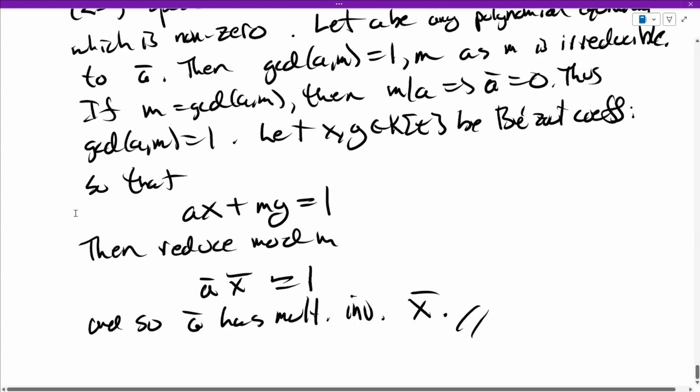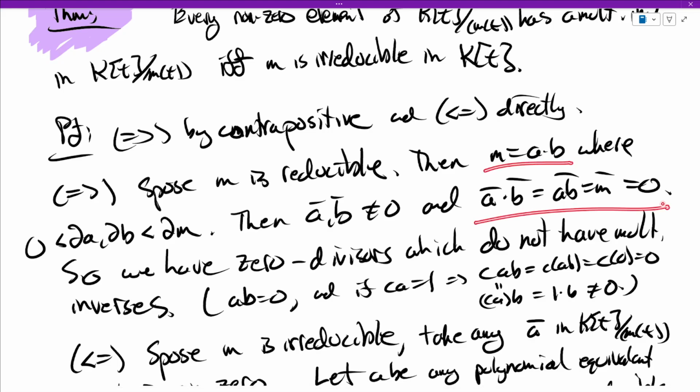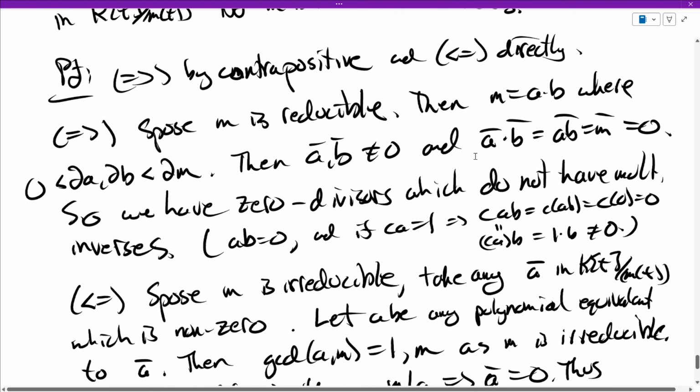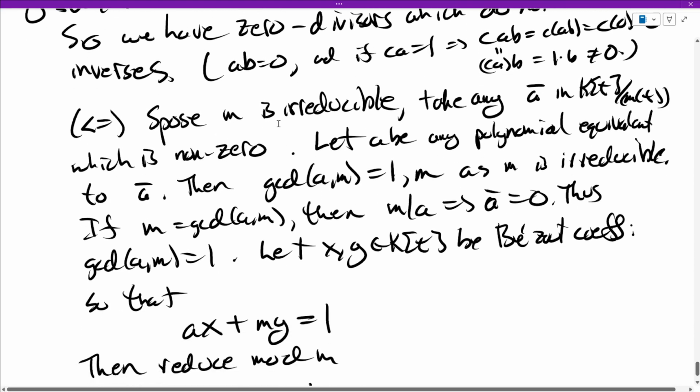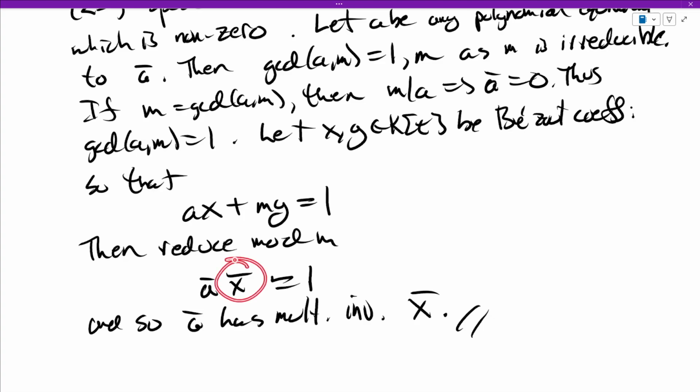So what did we prove? Well, we saw that if you're reducible, you get zero divisors by your factorization. So your factorization gives you the zero divisors in the quotient. If you're irreducible, you can find Bezout coefficients for non-zero elements, and the Bezout coefficients tell you what the multiplicative inverse is going to be. They give you a formula for it.